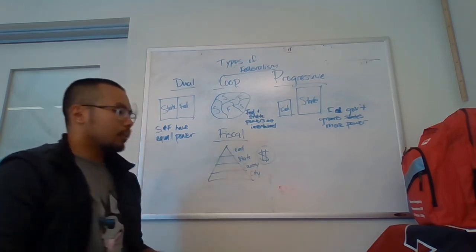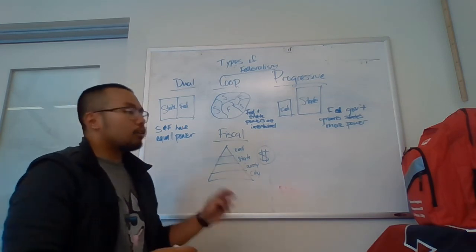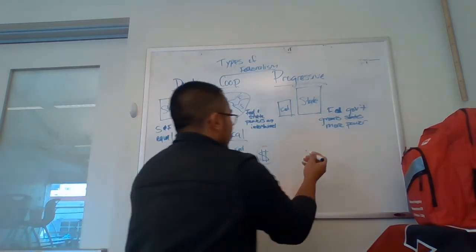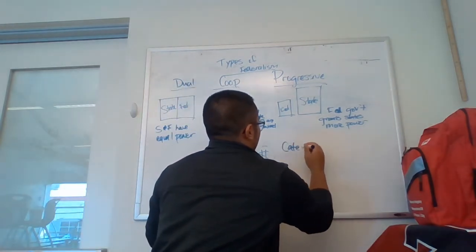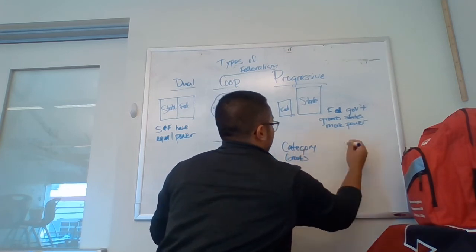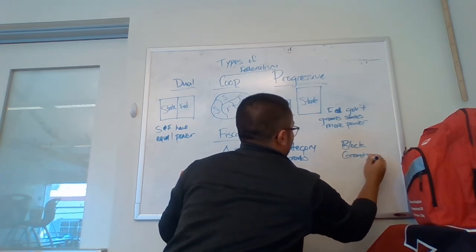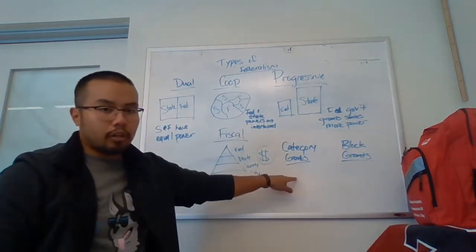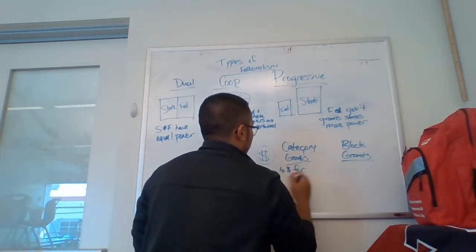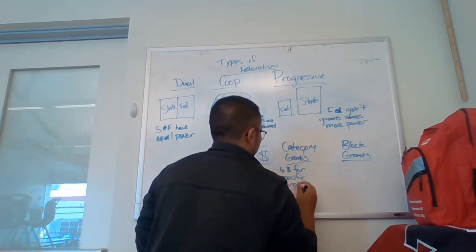Now, there's two different types of money, generally speaking, that the federal government can give or take away from states. The two are called category grants, and then you have block grants. Category grants is money for specific purposes.